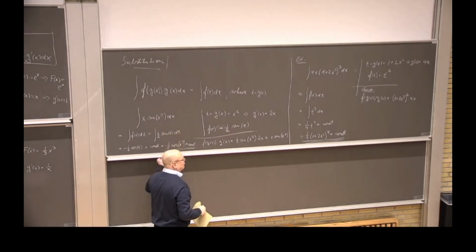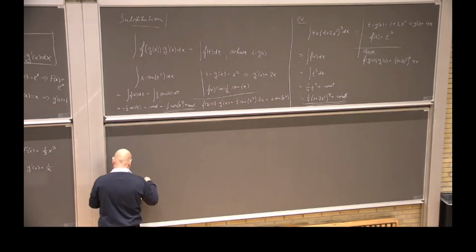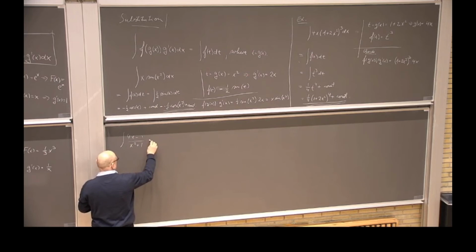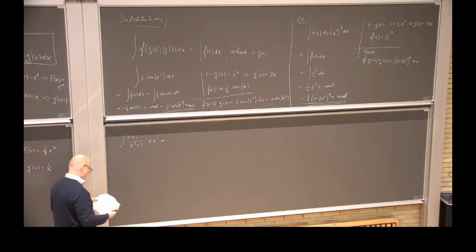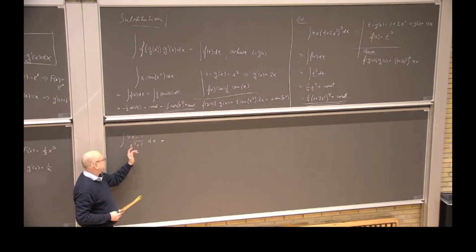And the final example now is this one, and this is a broken rational function.